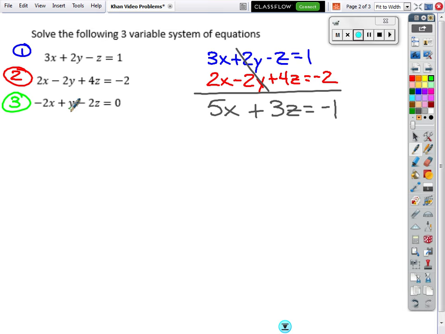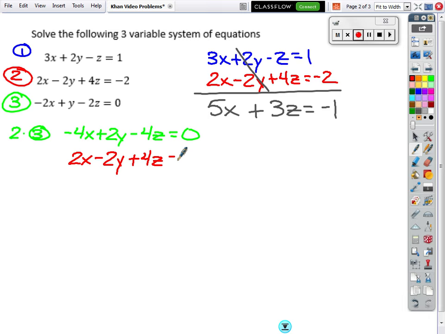So what I want to do is I'm going to multiply equation 3 by 2. 2 times equation 3, which is -4x plus 2y minus 4z is equal to 0. And I'm going to simply recopy equation 2 underneath. 2x minus 2y plus 4z equals -2.